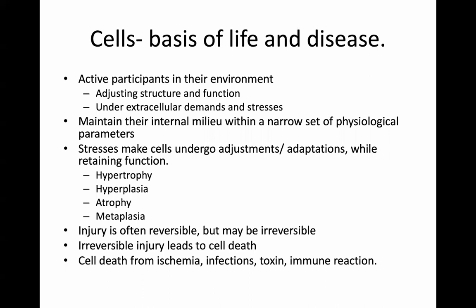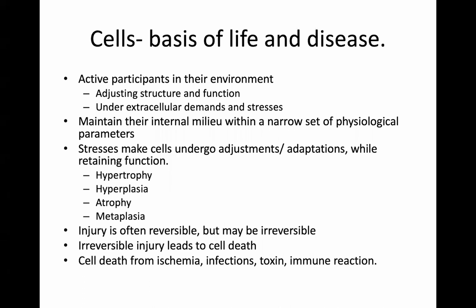Cell death is also one of the most crucial events in the evolution of diseases in any tissue or organ, because it results from diverse causes. Cell death can come from ischemia, infection, toxin, or even immune reactions. Cell death is also normal, and it's an essential process in growth, in embryogenesis, in the development of organs, and in the maintenance of homeostasis.